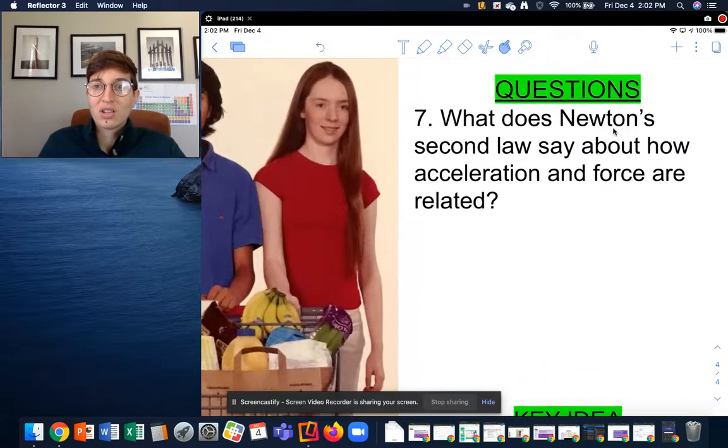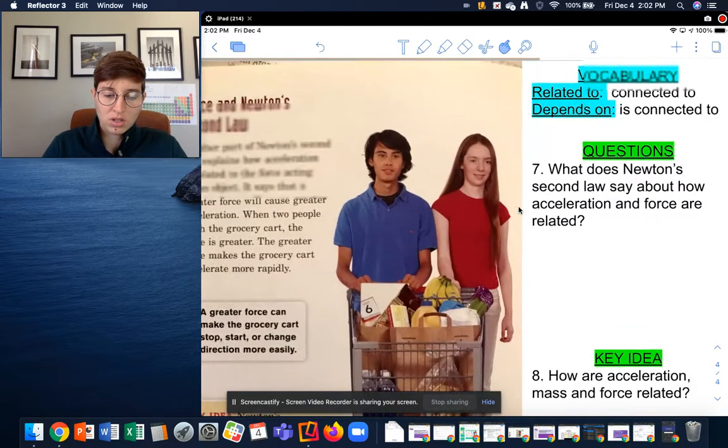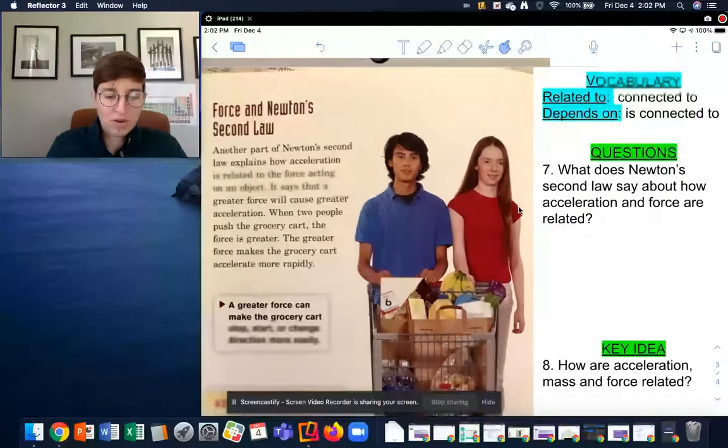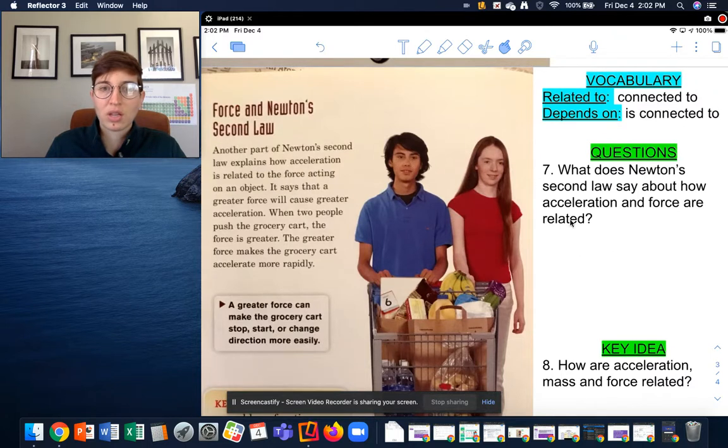Number 7, what does Newton's second law say about how acceleration and force are related? Okay, so let's look at our reading here. It says that a greater force will cause greater acceleration.